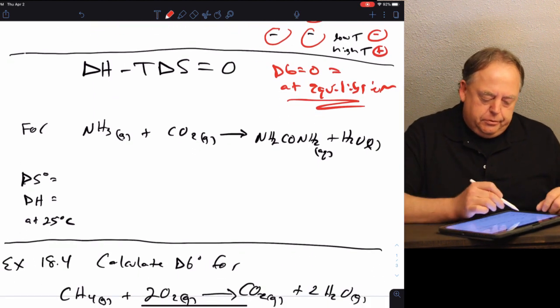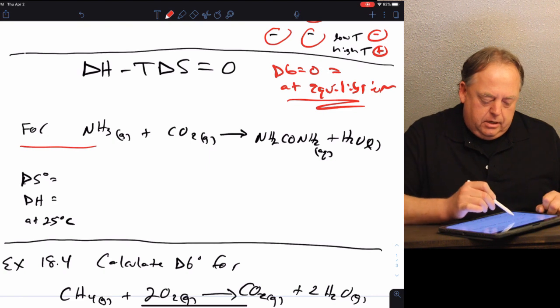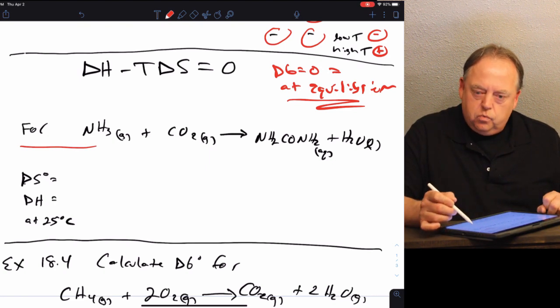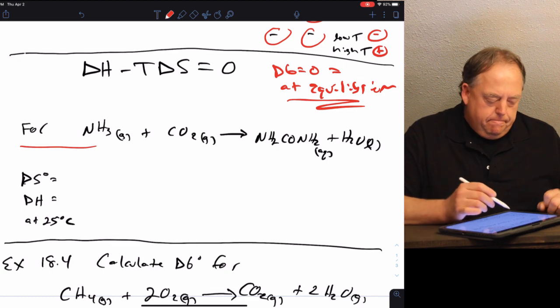So let's take an example. Take this reaction: ammonia gas plus CO2 gas to make urea plus liquid water.